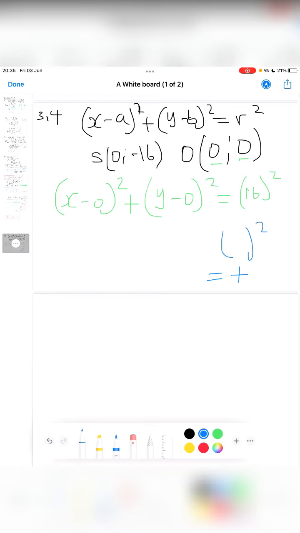And again, the radius, you remember, even in trigonometry, we say the radius is always positive. So that is why it's not really necessary to write it as a negative value there.